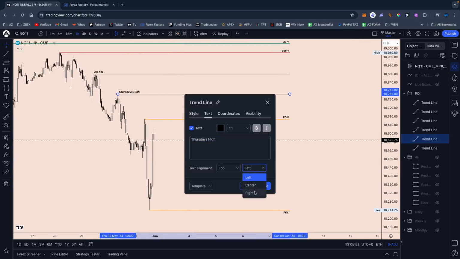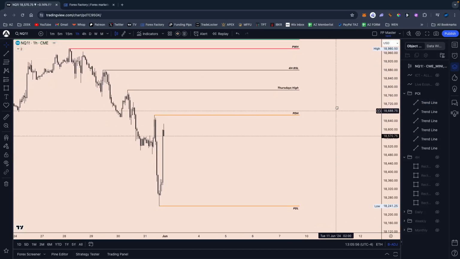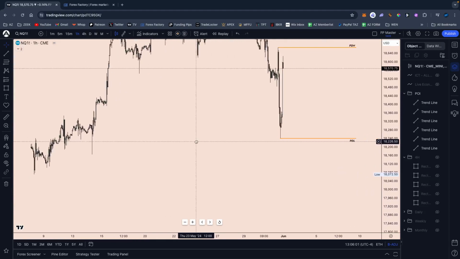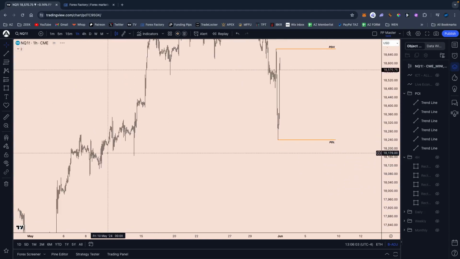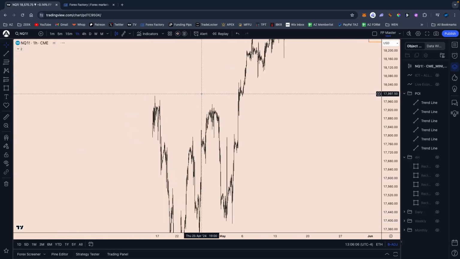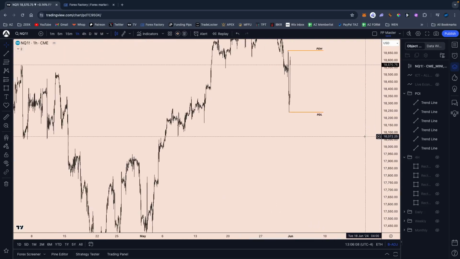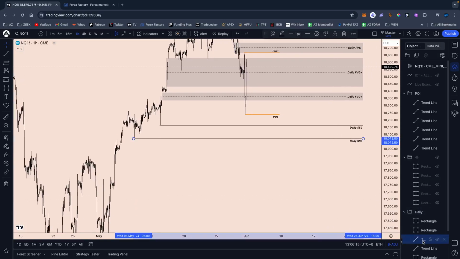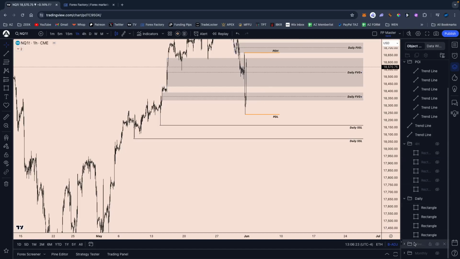Then we can put all these to the right: 4 hour buy side liquidity, previous day's high, previous day's low. Let's also put those lines into the POI folder, so we only have fair value gaps in our daily, weekly folders.